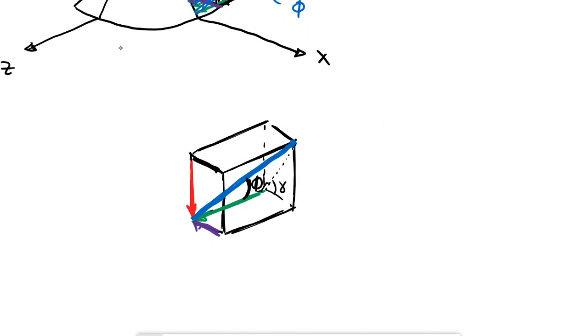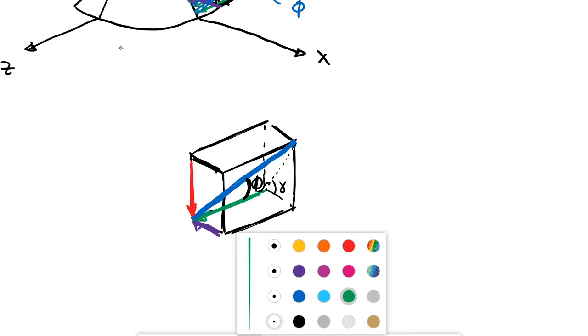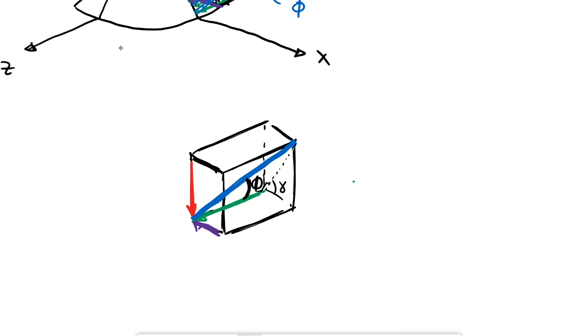Easy. Green, which is my WT, is equal to my full W, the blue one, times cosine of phi. The yellow one in this case, what did I use before? V. Would be equal to W sine of phi.